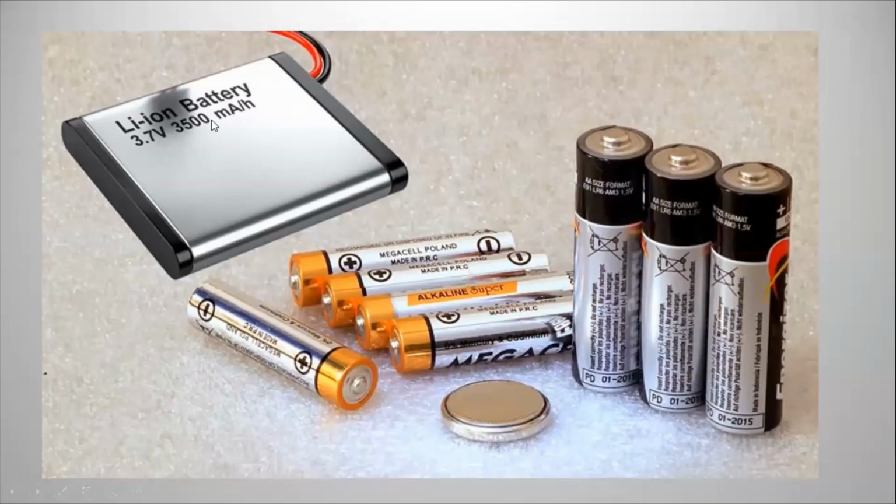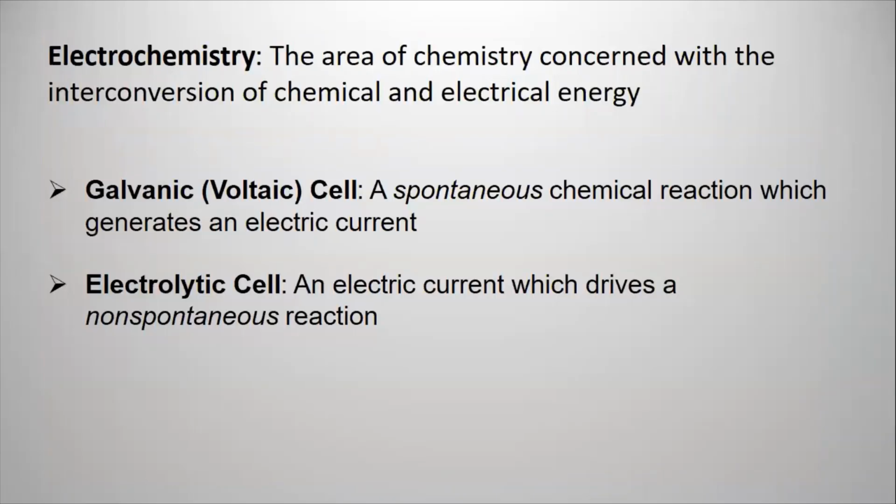There are other batteries, like rechargeable batteries, which you can basically recharge. So when you charge the batteries, what do you do? You do the opposite process. And what is the opposite process? The opposite process is basically the electrolytic cell. You put the battery in a charger, and that charger is connected to the plug.